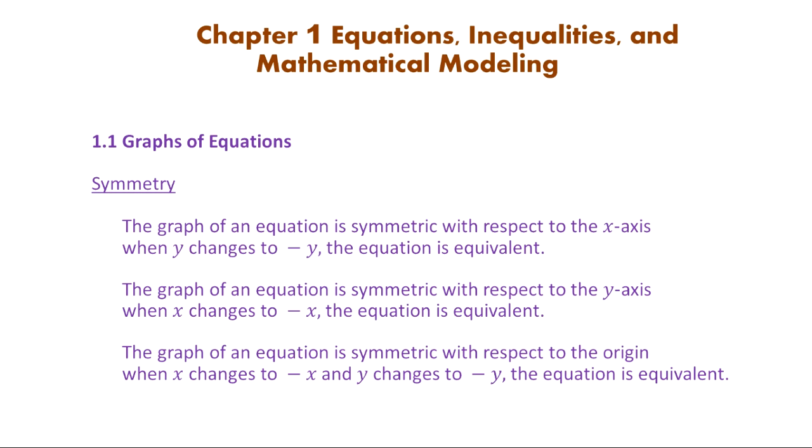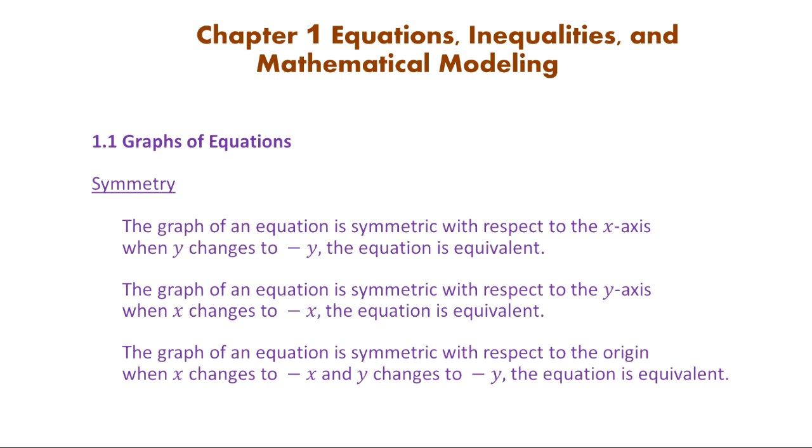This time you change x to negative x and y to negative y at the same time. And if you get the same equation or an equivalent equation, then you know the graph of the equation has the symmetry with respect to the origin. Okay, so that's the point symmetry. It's not the mirror symmetry like the previous two cases.